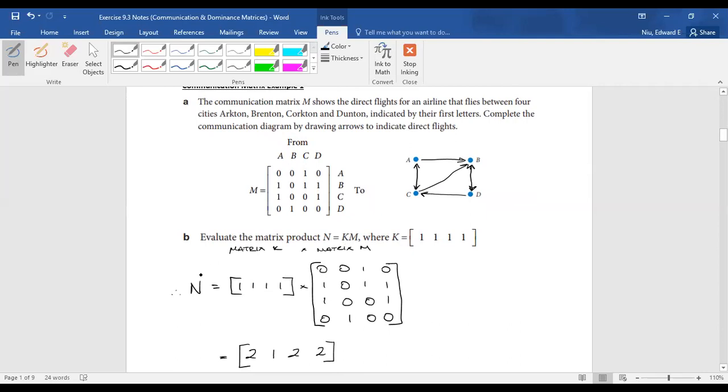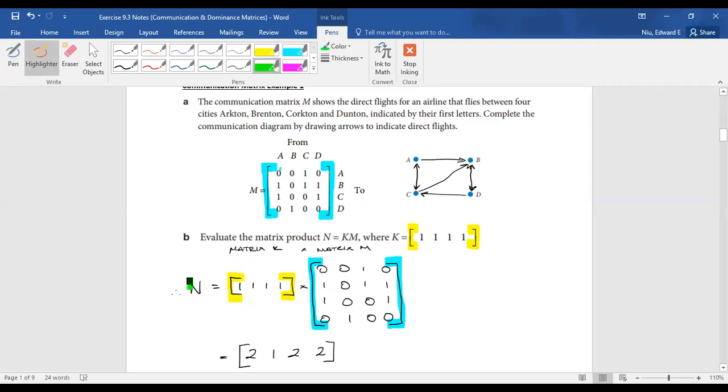What we need to do is we say, well, matrix N is going to equal matrix K times matrix M. So if this is our matrix K, and this is our matrix M, if you put that into your CAS in this exact order, so notice how it's K times M. If it was in the other order, it'll be invalid because the matrix orders won't match. What we get is then matrix N.